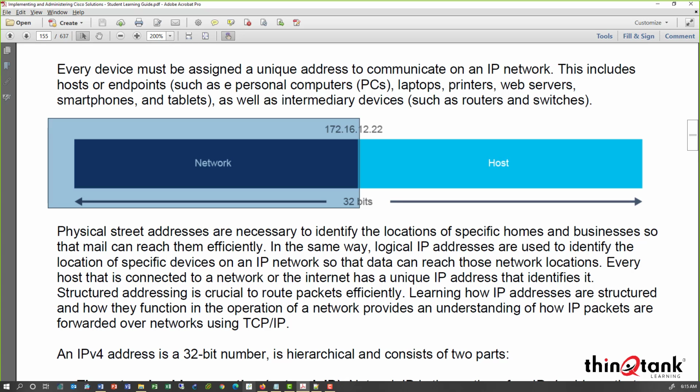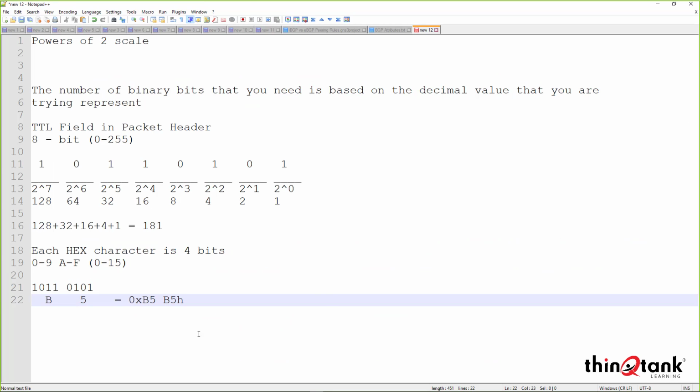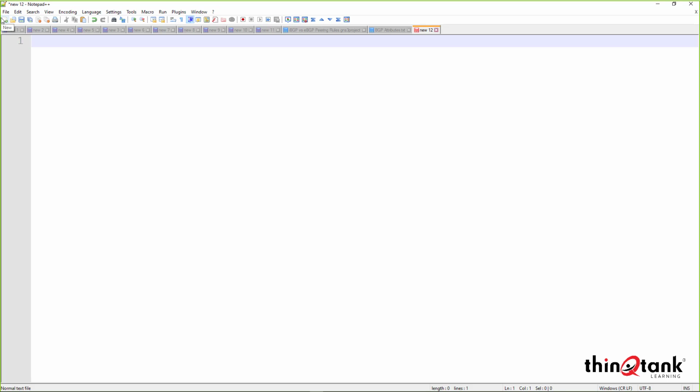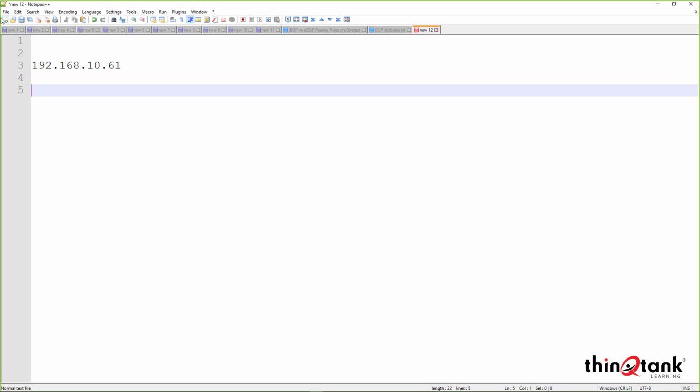All right? It's really important that the IP address alone is not the most important piece. The subnet mask makes a huge difference. If I gave you this address, 10.61, and another address, 192.168.10.65, and I asked, are those clients in the same subnet?